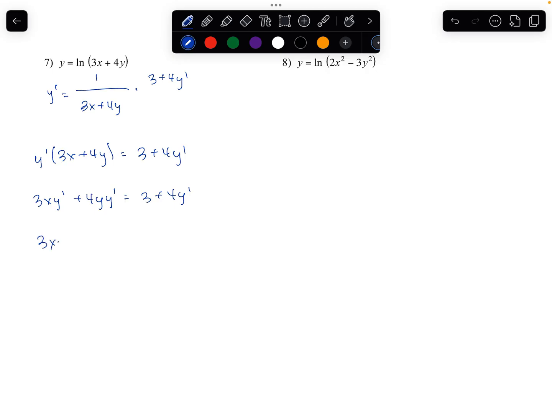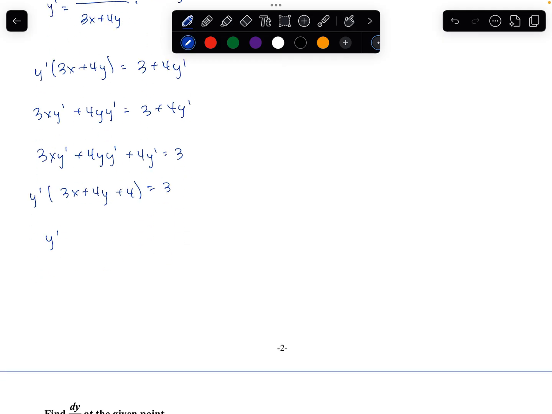So 3xy prime plus 4y y prime minus 4y prime is going to be equal to 3. I can factor out the y prime, and I'll get y prime (3x plus 4y minus 4) equal to 3. So y prime is equal to 3 over 3x plus 4y minus 4.